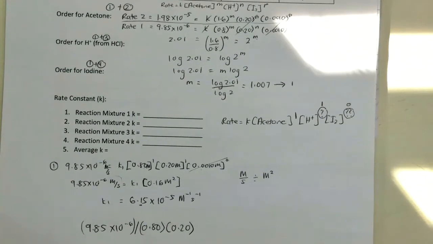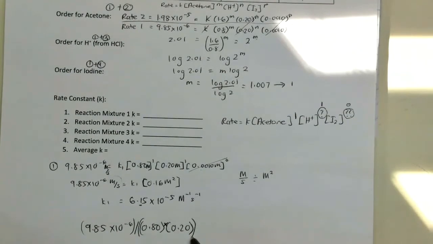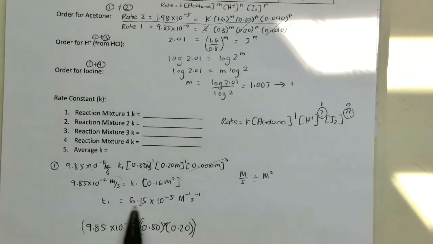If you just put a multiply sign here, what the calculator actually does is take 9.85 times 10 to the minus 6 divided by 0.8 and then the answer times 0.2. To prevent that, you can put big parentheses on the outside here, so you make sure you do the product of it first. Just keep that in mind when you're doing calculations. Double check yourself and always check with me too. I can help check your calculations for you.